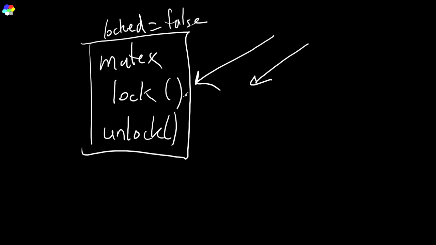It's going to say, stop working, just spin here and wait until locked is equal to false. But if locked is equal to false, as it is in the initial situation, it's going to let the thread pass. Now, if you have two threads that simultaneously access, they're going to simultaneously check locked, and they're both going to see locked is false, and they're both going to pass.